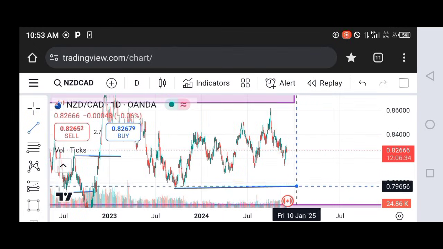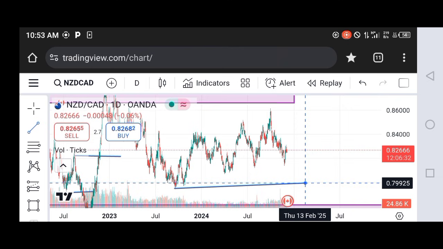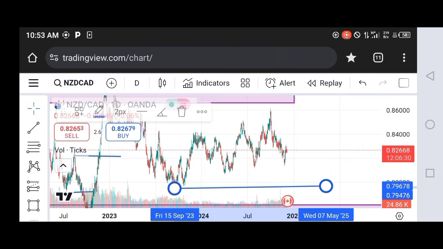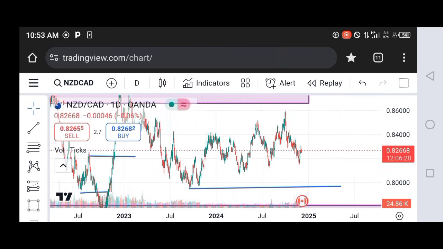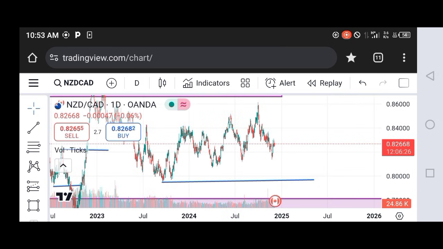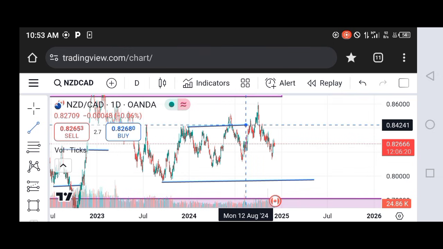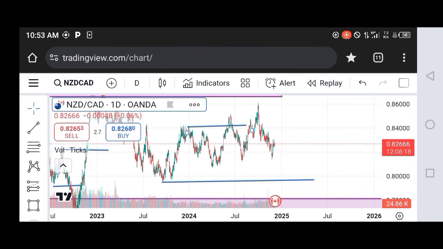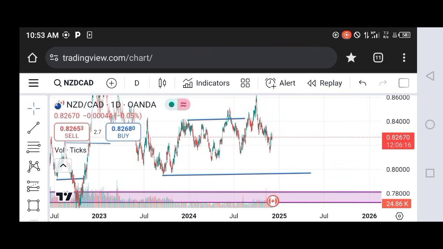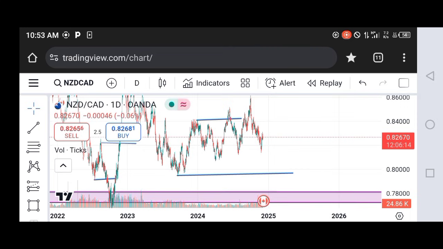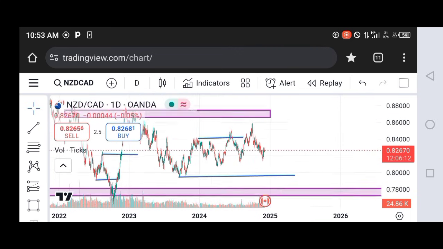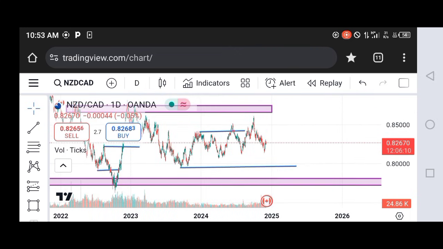If you don't understand all these things, make sure you watch all my previous videos on market structure and every single thing like that. After this structural liquidity, there's another break of structure right here. After this break of structure, we're expecting the market to come down and take this particular structural liquidity off.